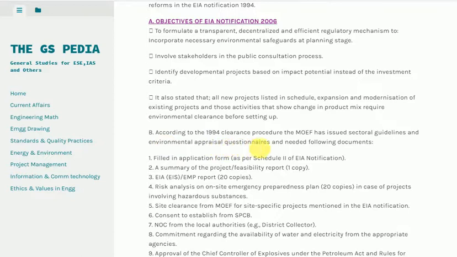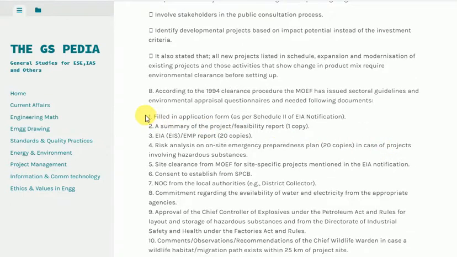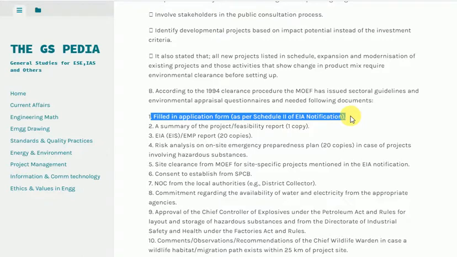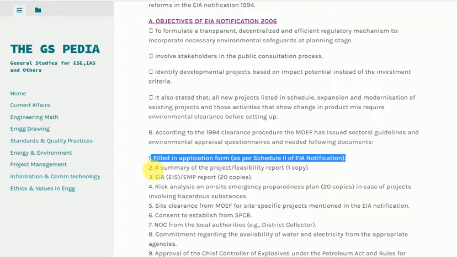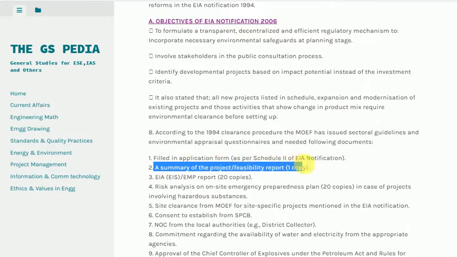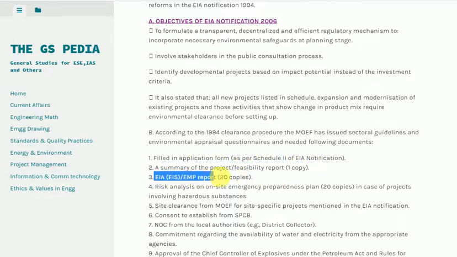A summary of the project/feasibility report, 1 copy. 3. ESE/EMP report, 20 copies. 4. Risk analysis on on-site emergency preparedness plan, 20 copies, in case of projects involving hazardous substances.